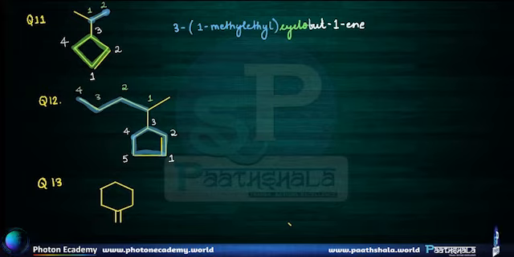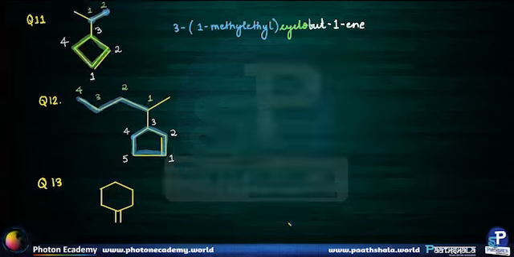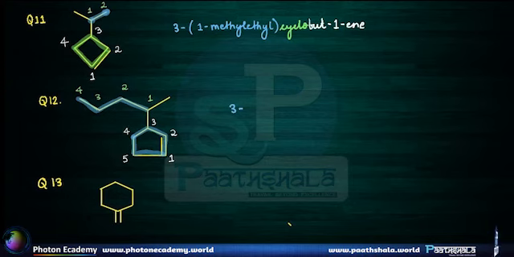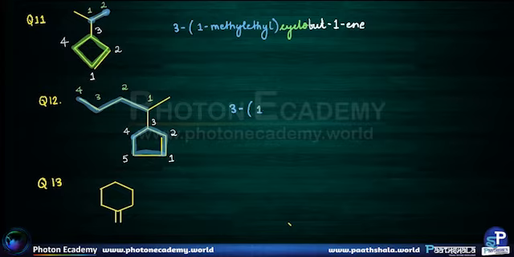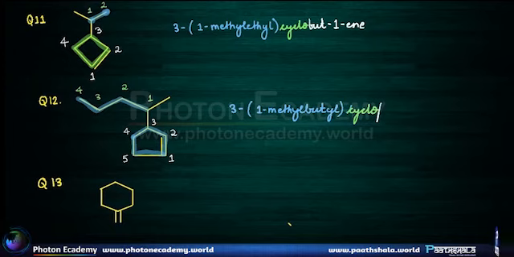So it's a butyl chain, and the correct IUPAC name for this compound will be 3-(1-methylbutyl)cyclopent-1-ene.